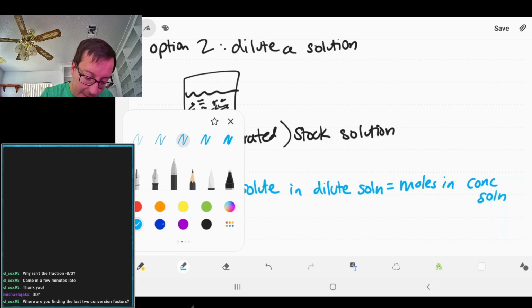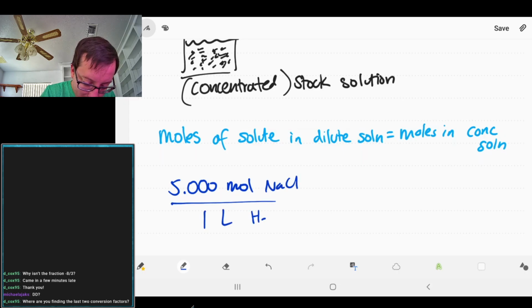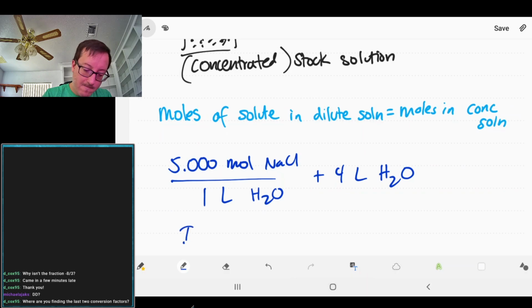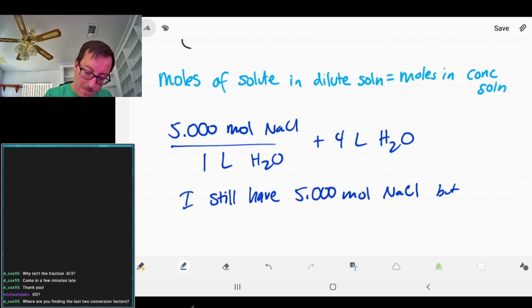So I'm going to write out that example. So I had 5 molar. If I add 4 liters of water, I'm just going to say 5.